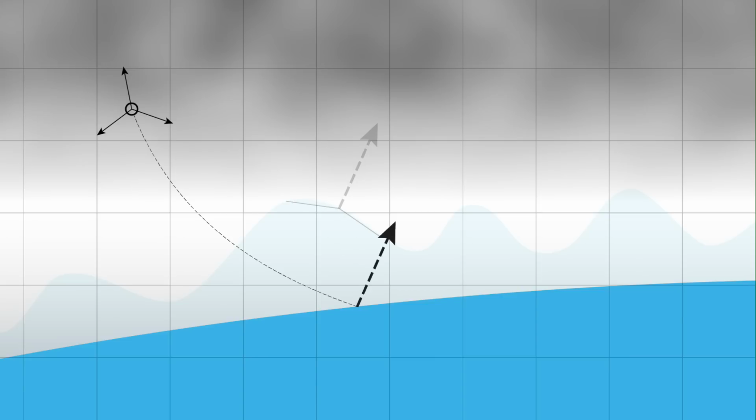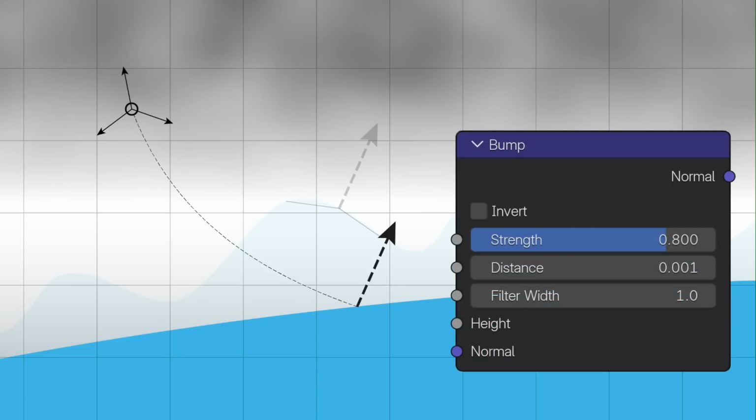For example, if the texture shows a gentle incline according to the height data, the normal will be tilted to match the simulated slope relative to the original flat surface. And this is precisely where the filter width parameter becomes our control. If you've brought in a material with a bump node from an older file into the newer version, like Blender 4.3, you've likely seen that the filter width is automatically set to 1.0.